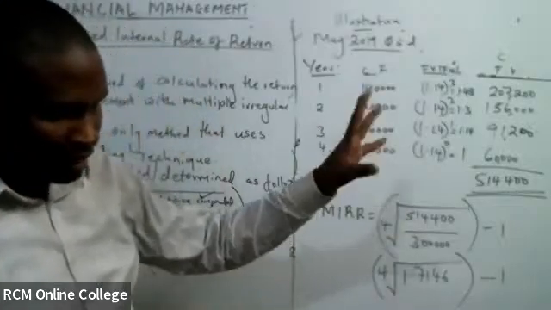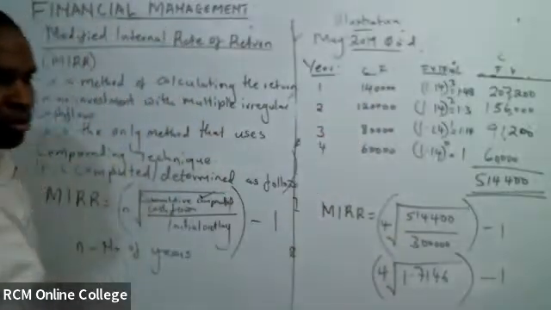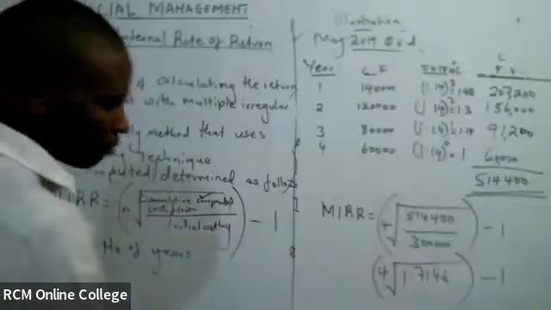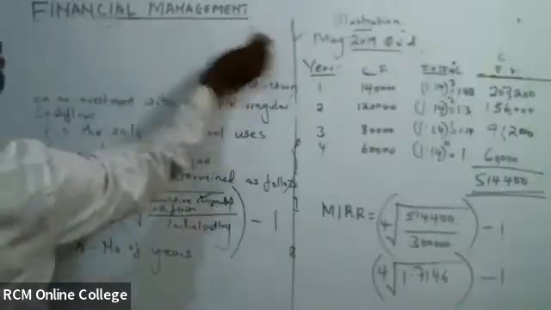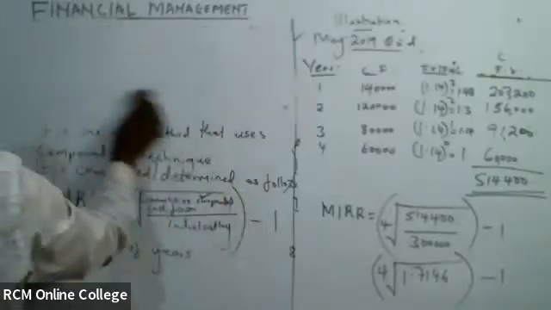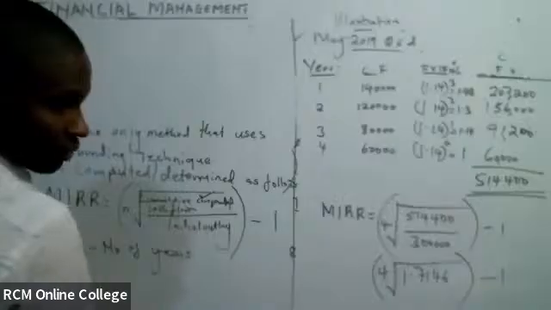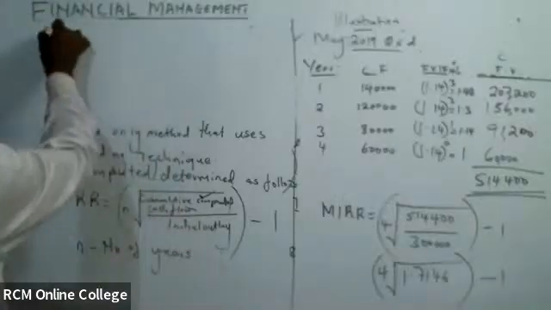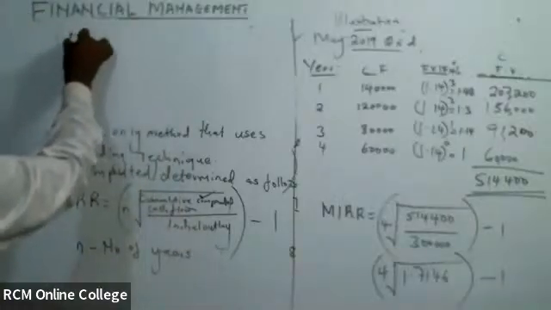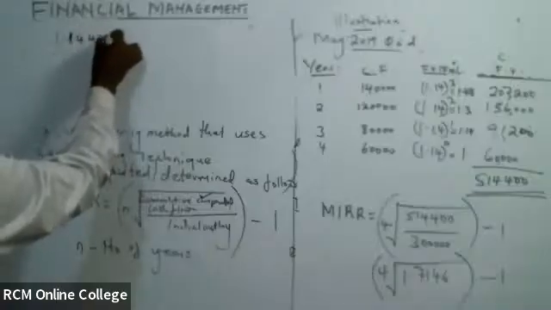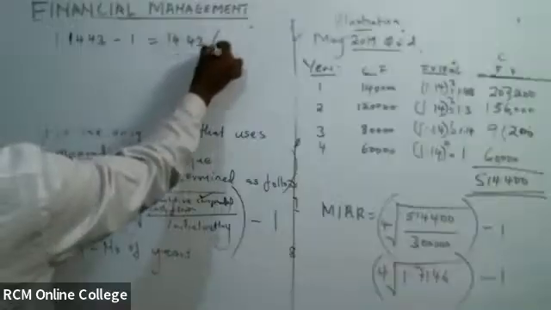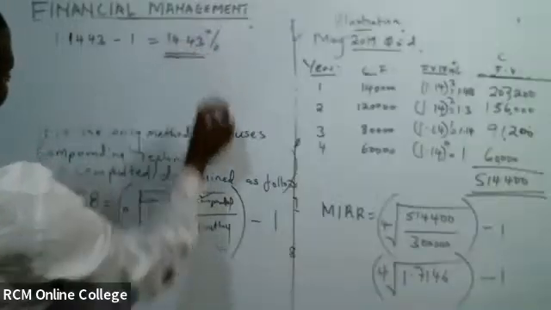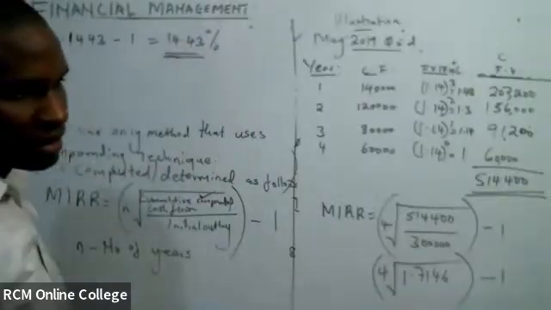I start with what is in the bracket. What is the fourth root of that, to 4 decimal places? 1.1443. That is the fourth root. 43 minus 1 gives 14.43%. My MIRR is that.